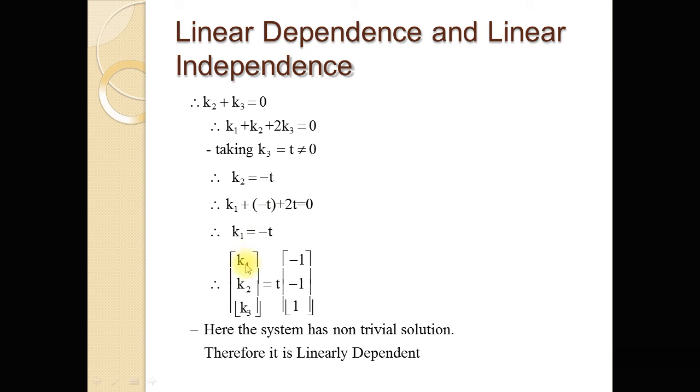So in the system, k1, k2 and k3 have the solution t times minus 1, minus 1, and 1, and this is the non-trivial solution because t is any real number, so the vectors are linearly dependent. Dear student, you see over here how I construct this system.